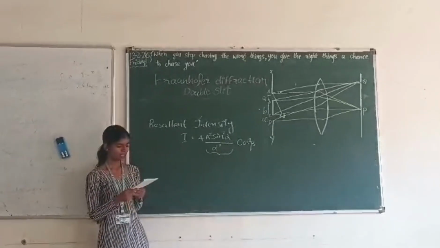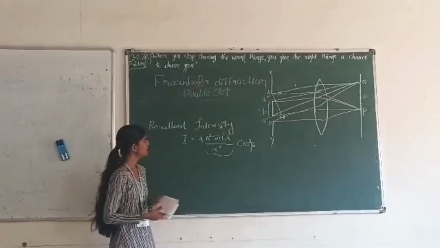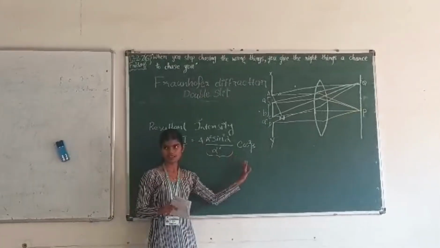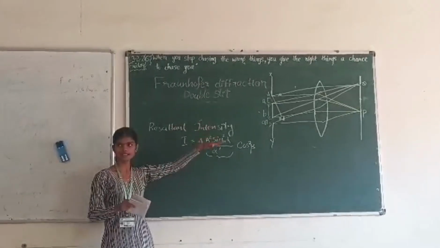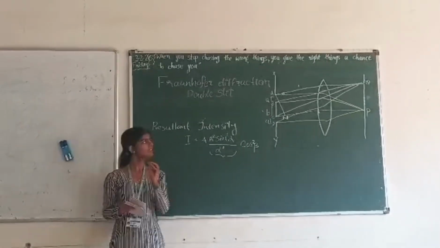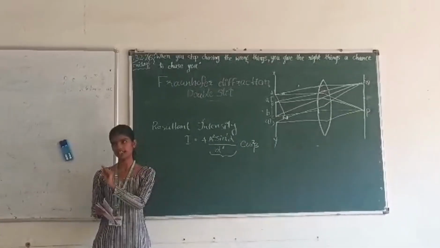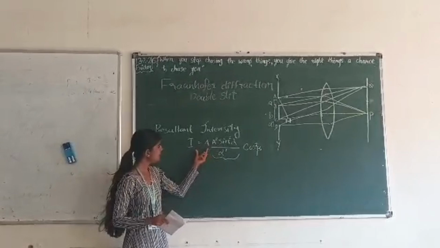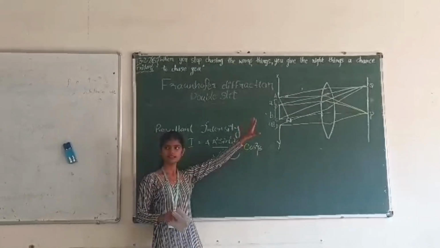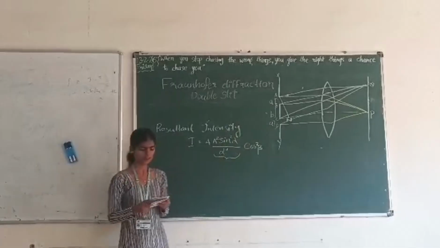And how did it come? It is due to the interference pattern. You already know the diffraction pattern. The A cos square beta is from the interference pattern.